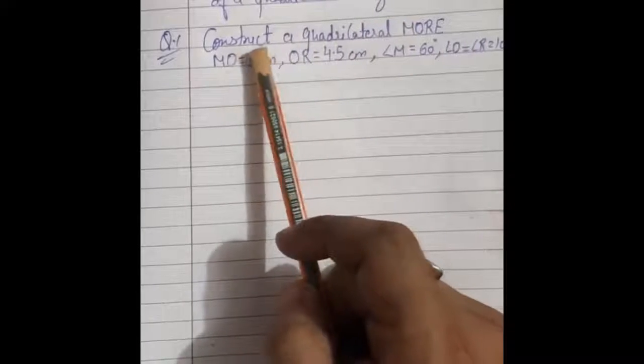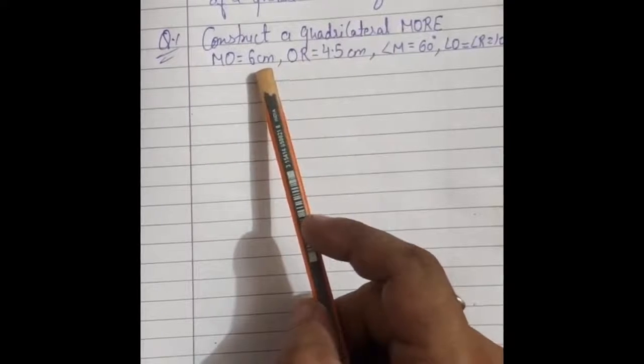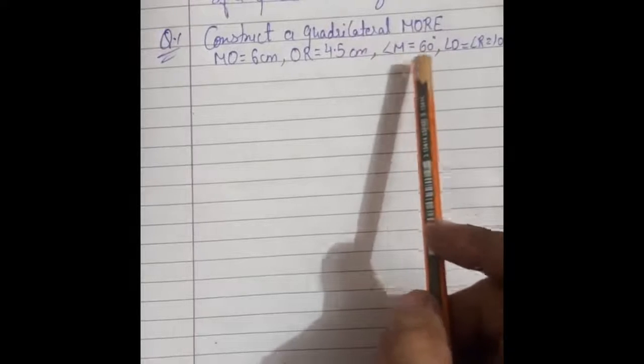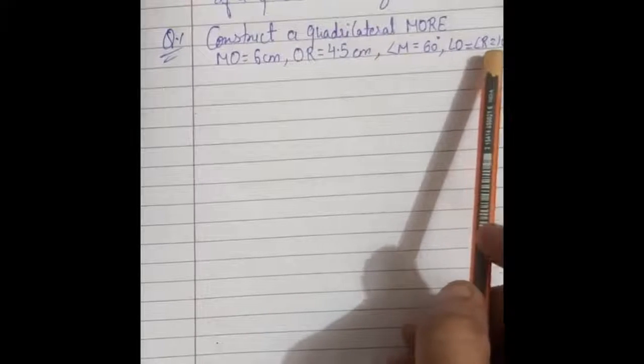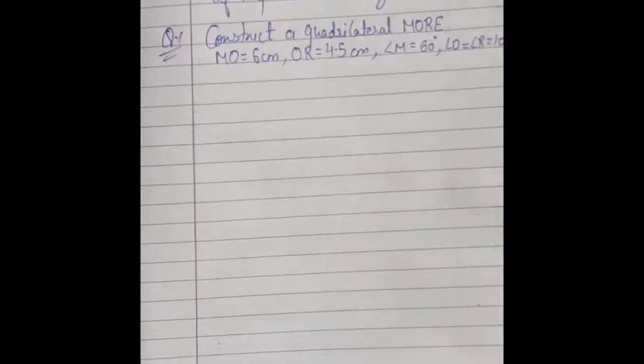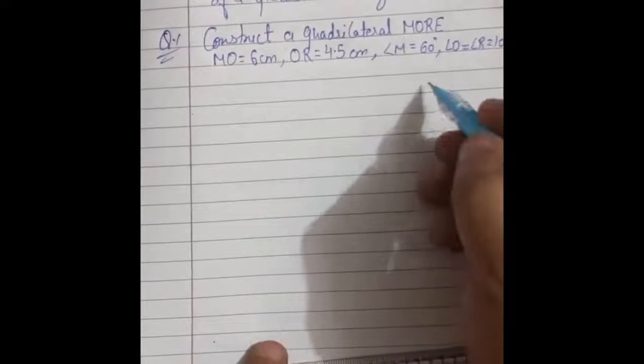The question number 1 is construct a quadrilateral MORE where MO is 6 centimeter, OR is 4.5 centimeter, angle M is 60, angle O and R are 105 degree. Okay, so how we can construct it? Now look at here, it is the easiest one. First we can draw a rough diagram of MORE like this.